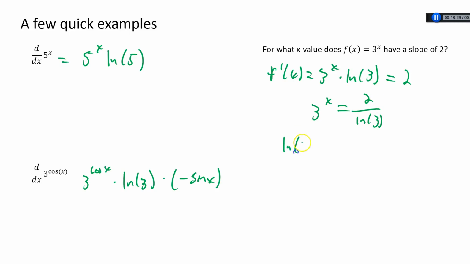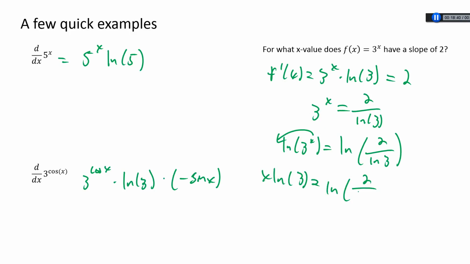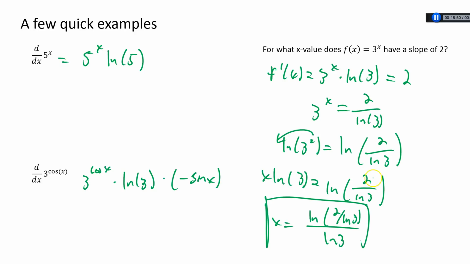So natural log of 3 to the x equal to natural log of 2 over ln 3. Now move that x to the front. So we have x ln 3 equal to ln of 2 over ln 3. Now we divide by ln 3 again. So x would be ln of 2 over ln 3 divided by ln 3. Kind of messy, but sometimes math is messy. Not a big deal. Nice.